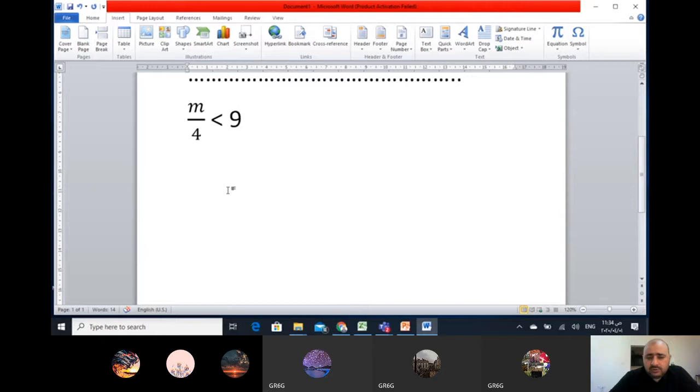Now write in your notebook and try to solve it. This inequality, find the solution for this inequality.